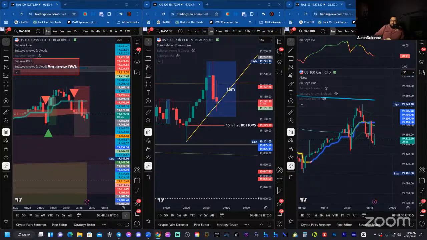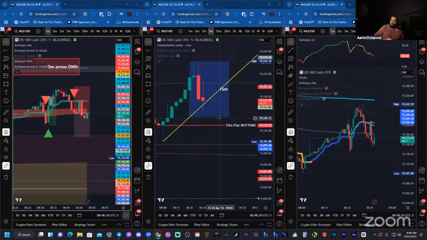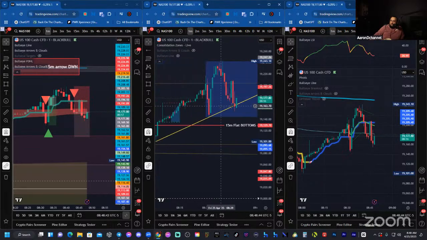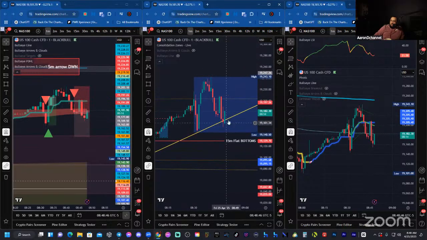Let's see what happens here, you all. About a minute 20 left to see if price wants to break this little local trendy. See, it got a beautiful bounce, beautiful rejection off of this little local trend. Let's see what happens.